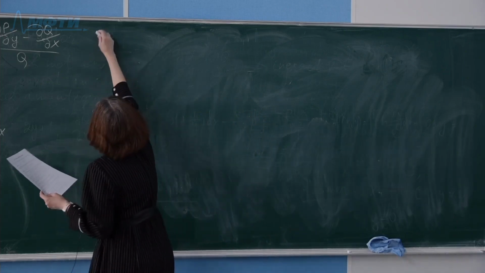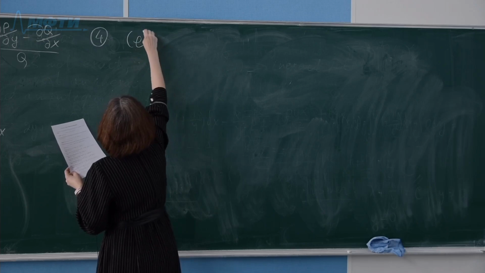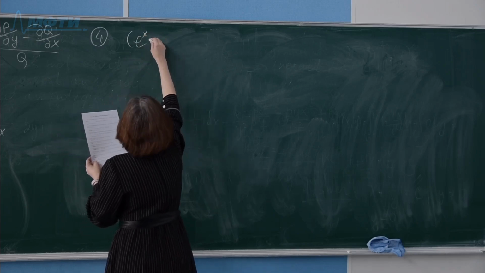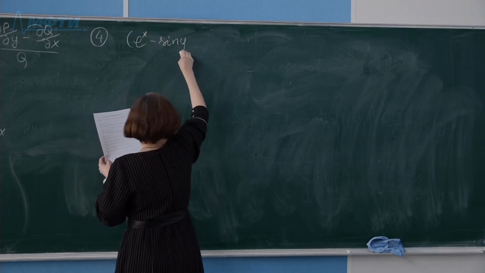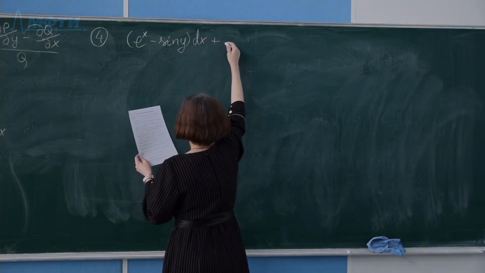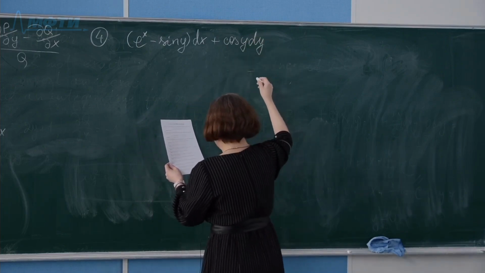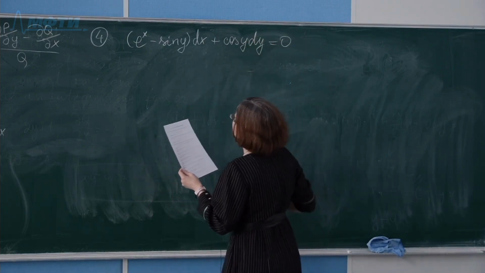Okay, that will be task number 4: e to x minus sine y dx plus cos y dy equals 0.